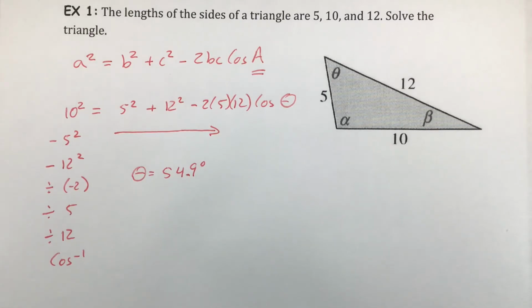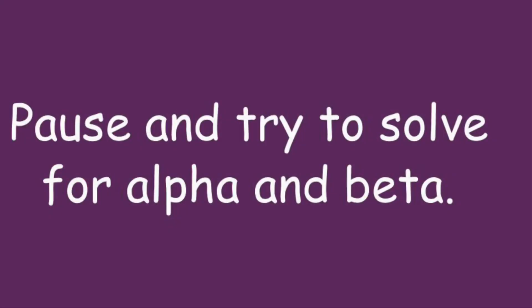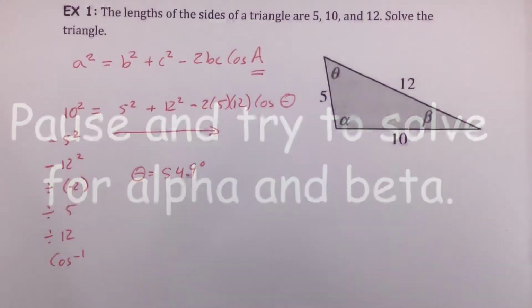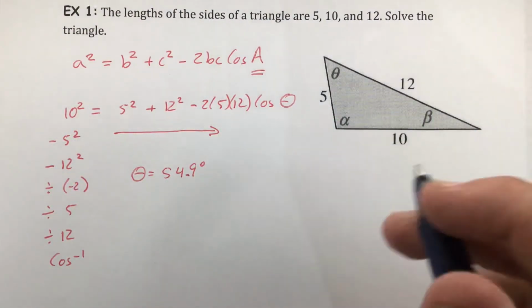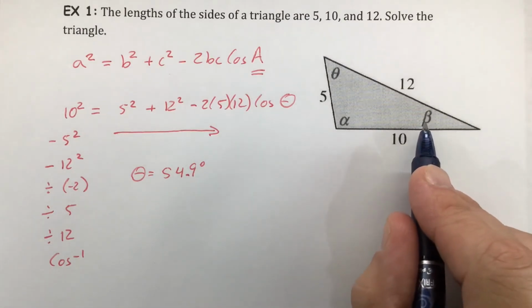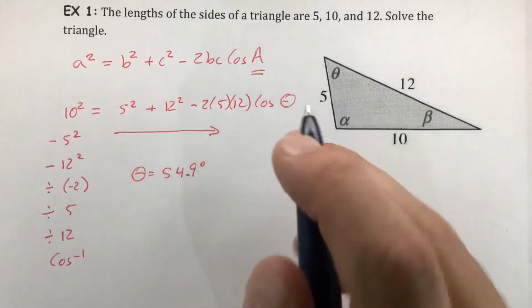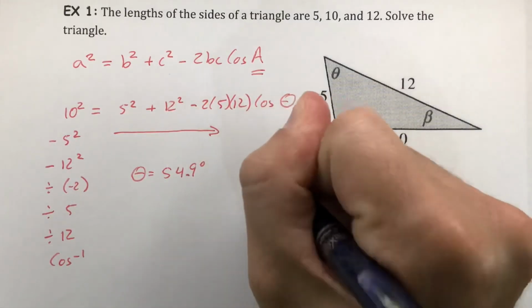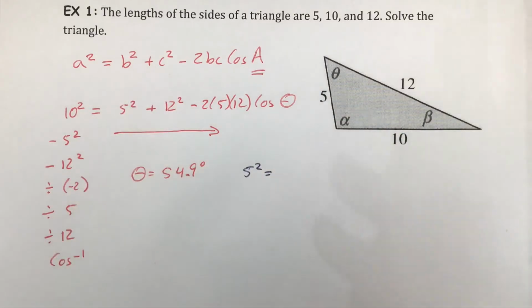Now we got to do it 2 more times. You have to do it 2 more times here. Okay, so we're going to choose a different one to be the angle. Let's go with beta. Let's say that we're solving for beta. So if we're solving for beta, that means that your little a in the equation is going to be the 5. Okay, so we're going to have 5 squared is equal to, and then b and c are just the other sides.